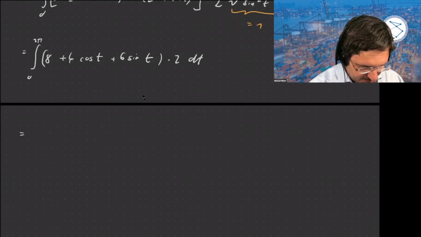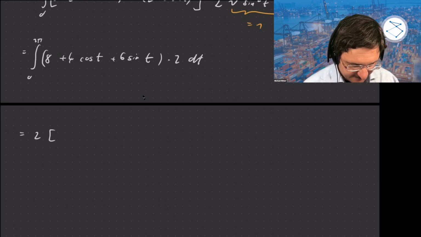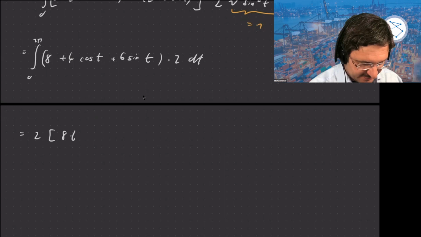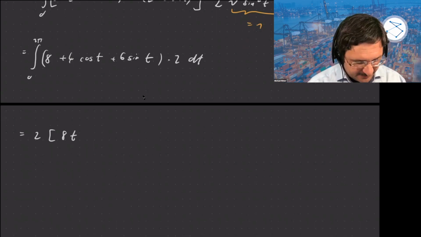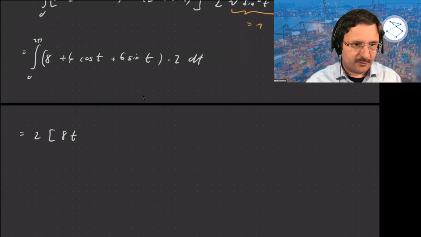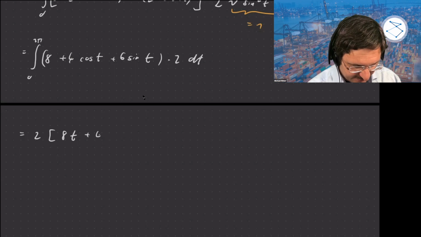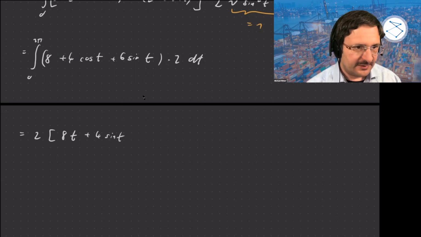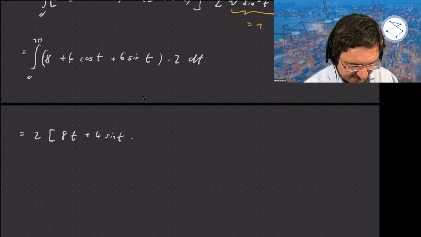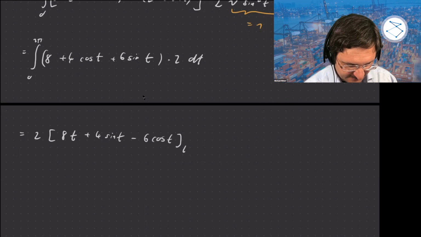Let's just take out the 2 here, and then we have the integral of 8 with respect to t, that's simply 8t. Then the cosine of t, the integral of the cosine is the sine, so we get 4 times sine of t. And the integral of the sine is the negative cosine, so we get minus 6 cosine of t, t from 0 to 2 pi.